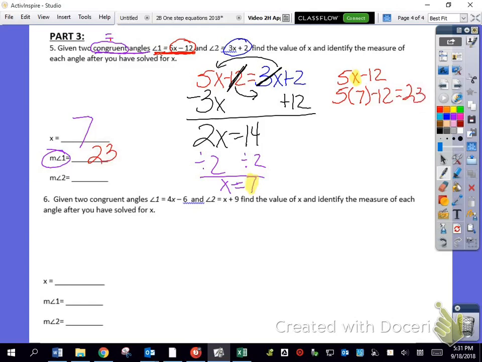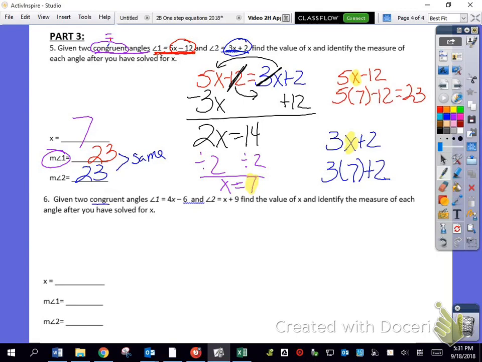The second one, angle 2 is 3x plus 2. Again, wherever I see x, I'm going to plug in 7. So 3 parentheses 7 plus 2. And you get 23. Now notice they're congruent. They're equal. So those should be the same. And they are. So that checked out right. Okay, so we're going to do one more like that, number 6.